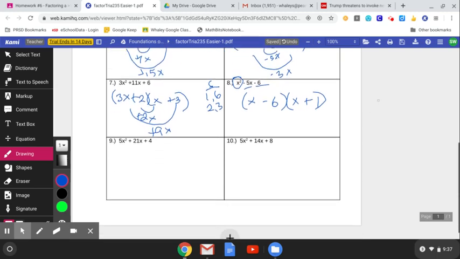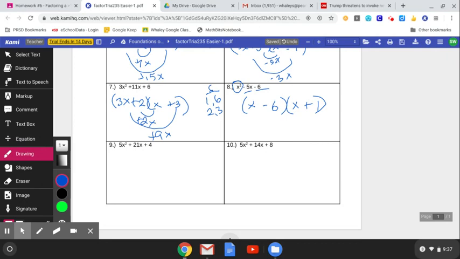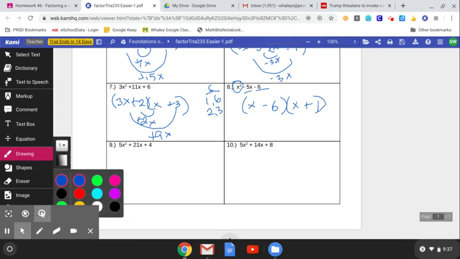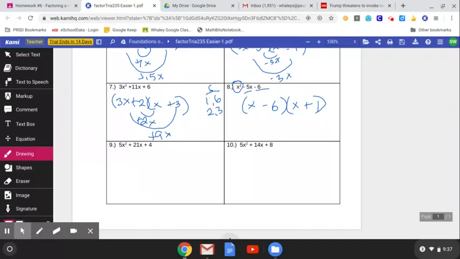Okay. Let me scroll up and we'll look at 9 and 10. Again, we look for the GCF if there is one. There is not one here, so we know it's going to start off 5x and x. Now, multiplies to be 4: 1 and 4, 2 and 2.